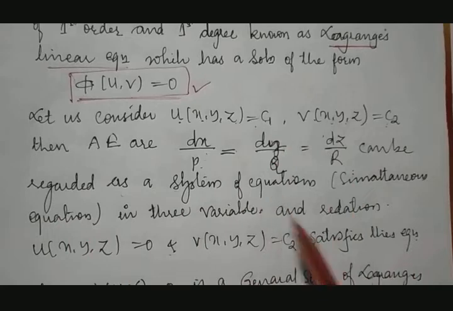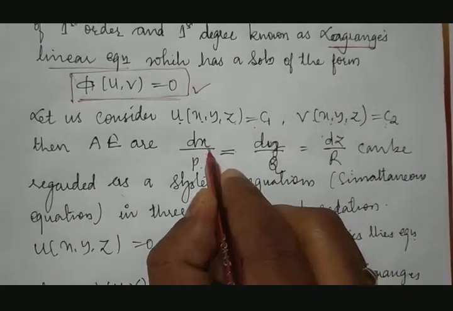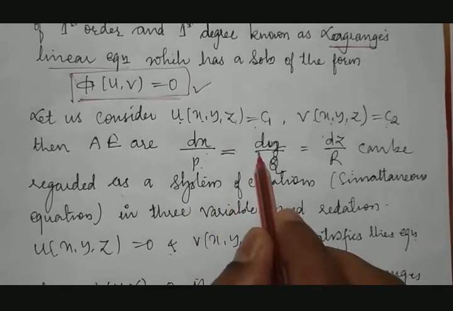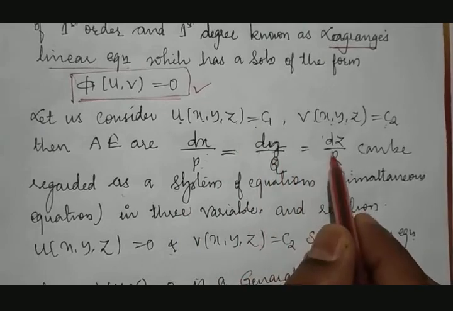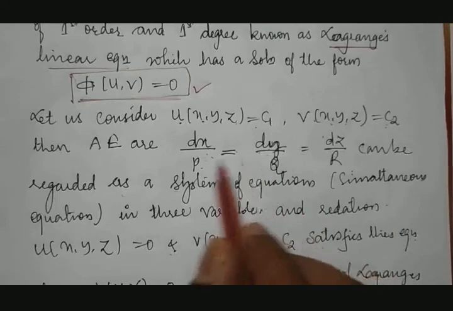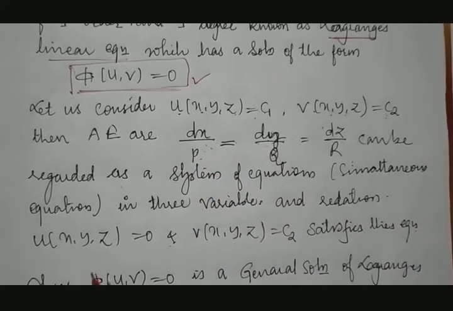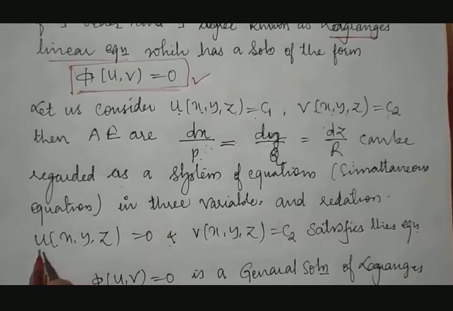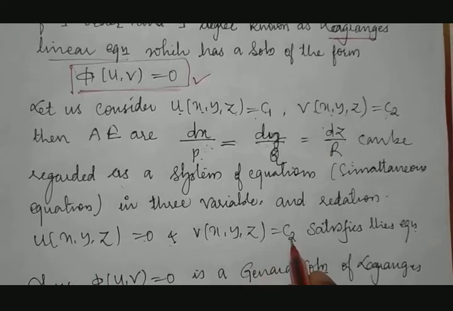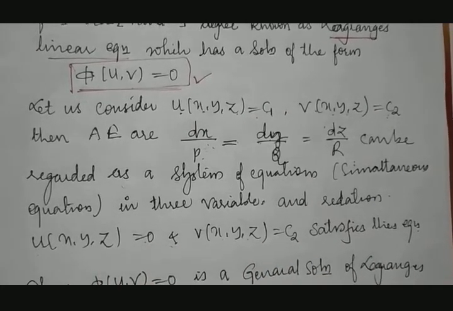Then how do we solve these equations? First we need to take the first and second. Then we need to take the second and third. If required, we need to take the first and third. Any combination, any two relations can be taken to get a solution. Then we will be getting a solution like this: u of x comma y comma z equal to c1 and v of x comma y comma z equal to c2.